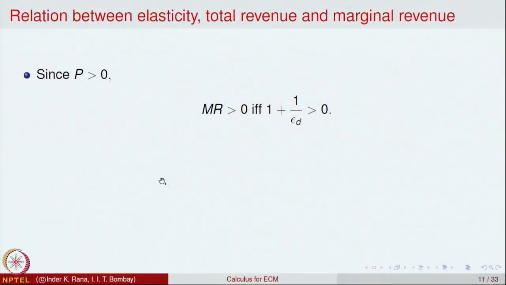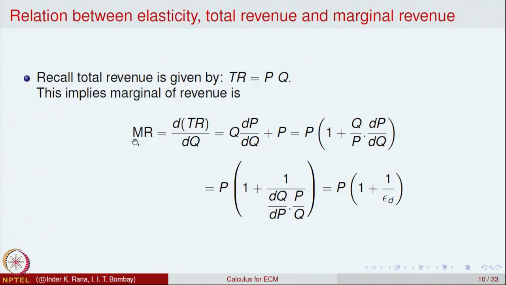So, since P is always bigger than 0, that gives us that marginal of revenue will be bigger than 0 if 1 plus 1 over epsilon d is bigger than 0. So, this is from the previous relation. Let us just go back and see. So, marginal of revenue will be bigger than 0, P is always bigger than 0, so if this quantity is bigger than 0.